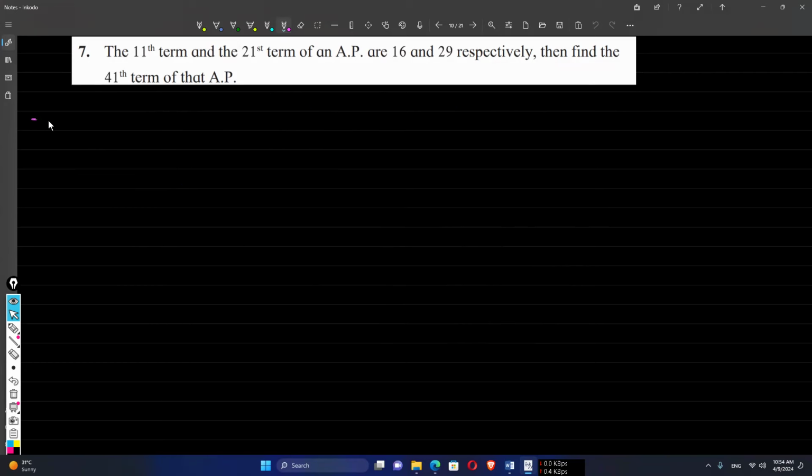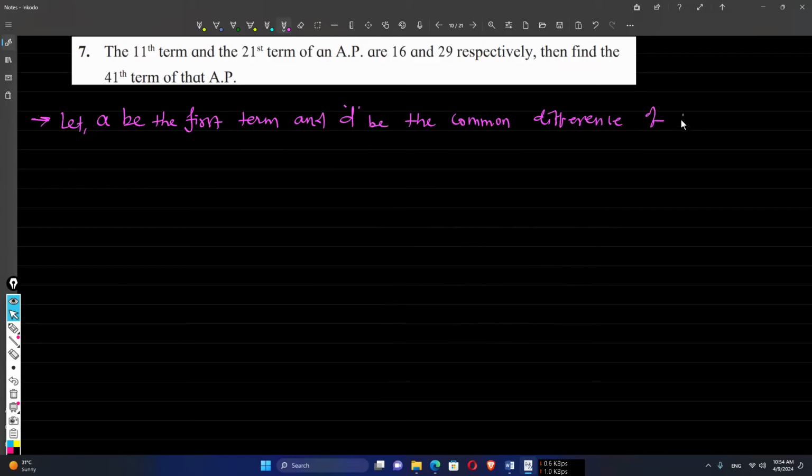So first of all, we will consider that let A be the first term and D be the common difference of the arithmetic progression.